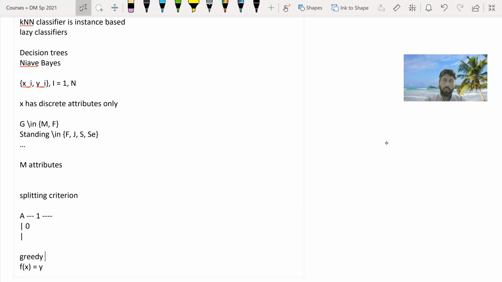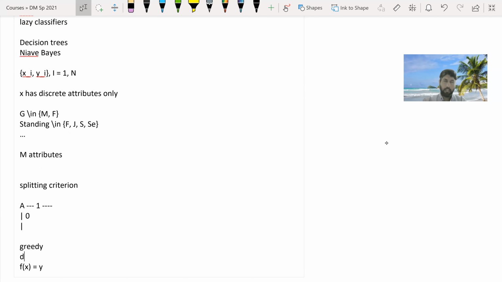Greedy because whichever information splitting criterion you use, you greedily select whatever is best. The other characteristic is that it is a divide and conquer recursive approach. So you repeat the process at each path as you move from the root to the leaf node.